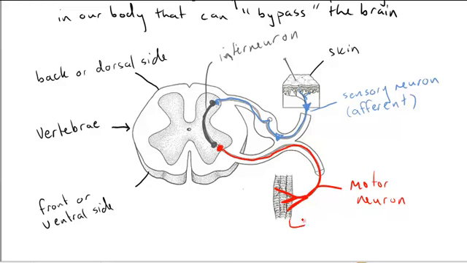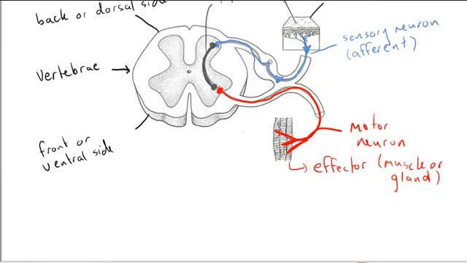And your motor neuron attaches to an effector, which could be the muscle or a gland. So like a sweat gland or a tear gland secreting something. Saliva gland. Okay.